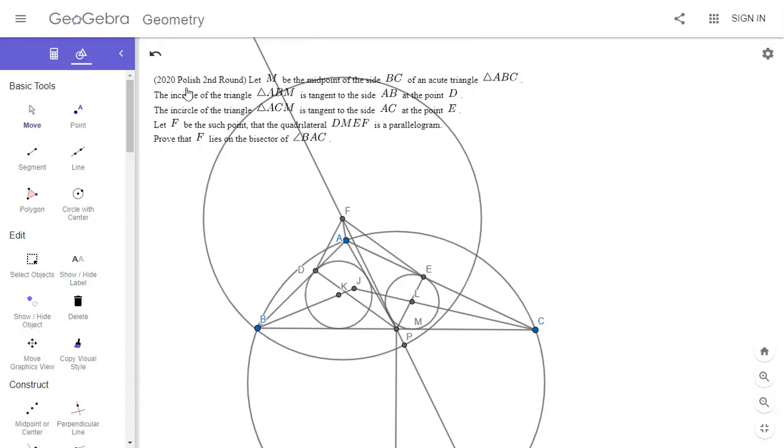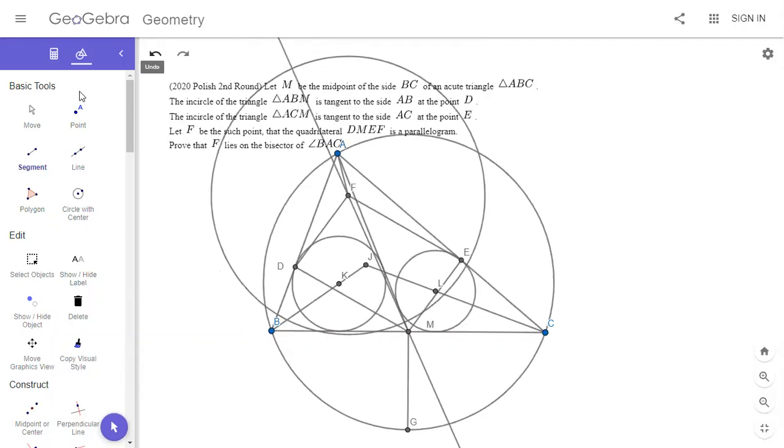Now we created congruent triangles. What are the congruent triangles? Oh, I think we should not say P lies on FM.